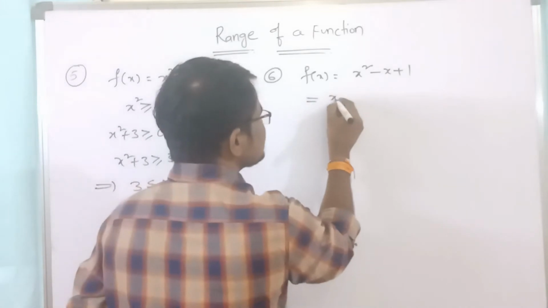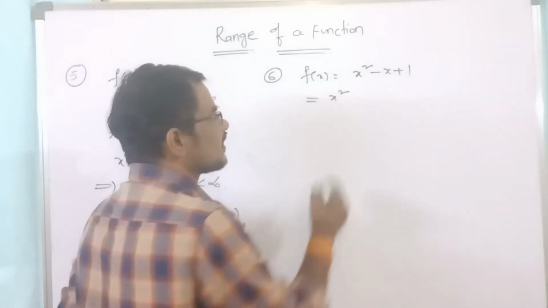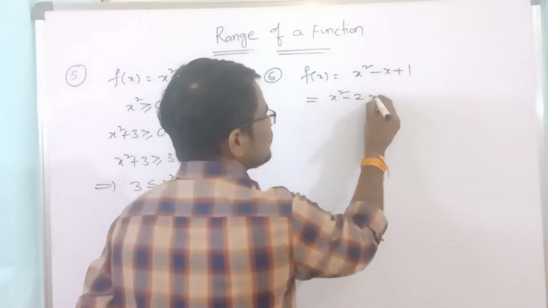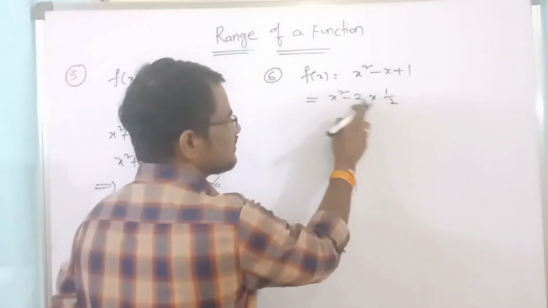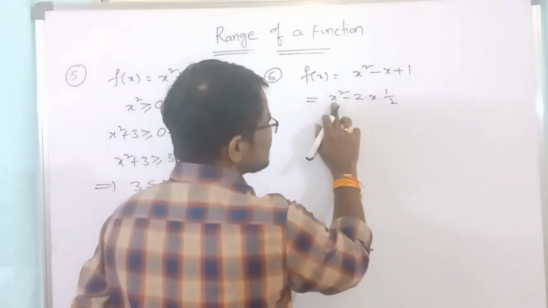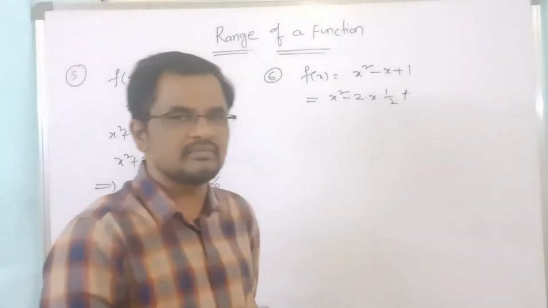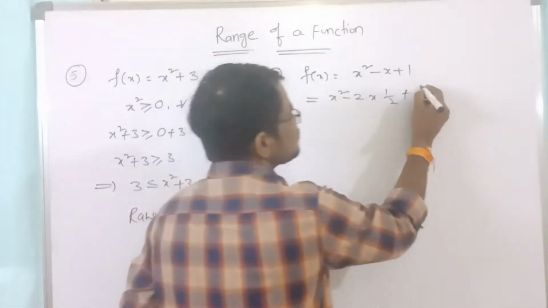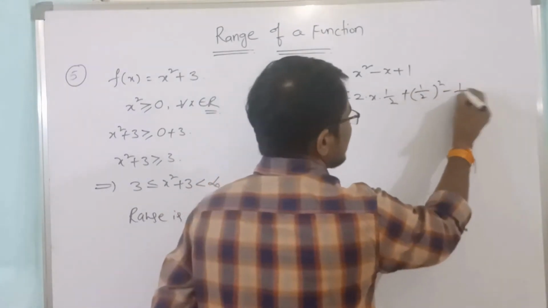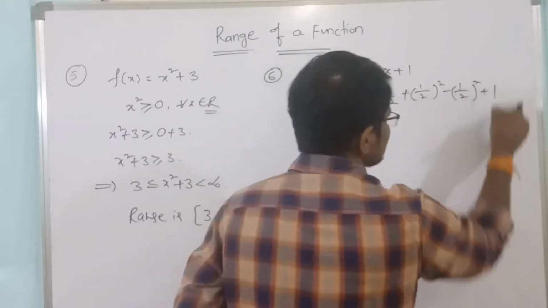So that is x square minus 2ab, meaning multiply and divide by 2. So it is in the form of a square minus 2ab. What is missing? The b term is missing, meaning b square. So (1 by 2) whole square minus (1 by 2) whole square plus 1.